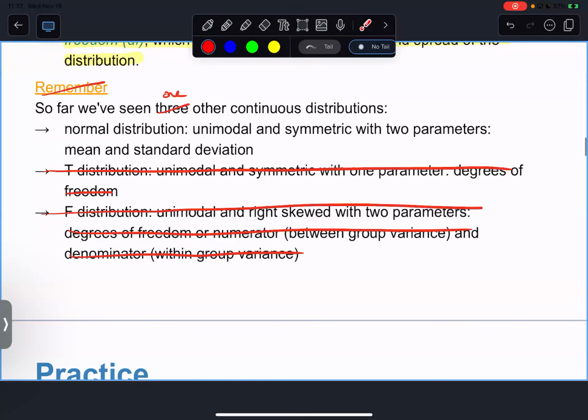The normal distribution is the shape, but then we need to know the center and the spread, mu and sigma. So technically it has 2 parameters, mu and sigma, to determine what it looks like.